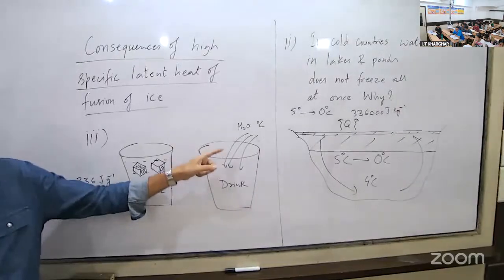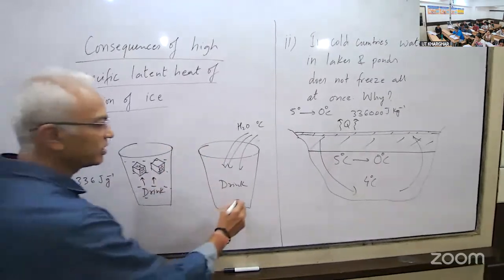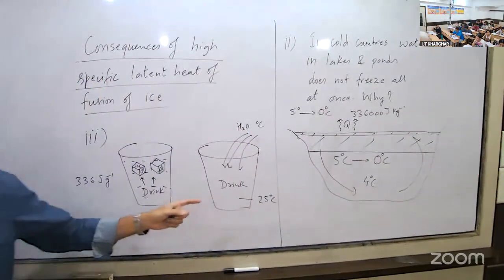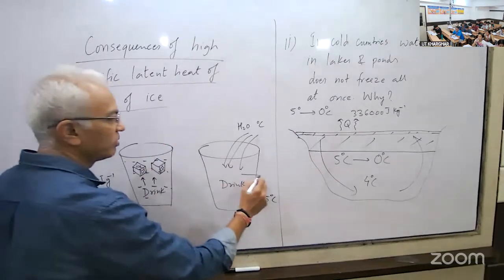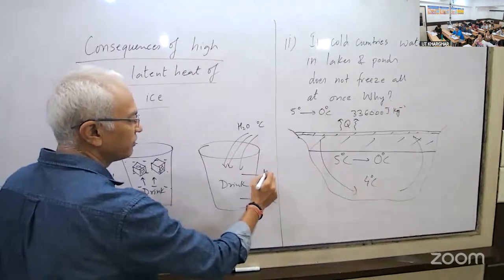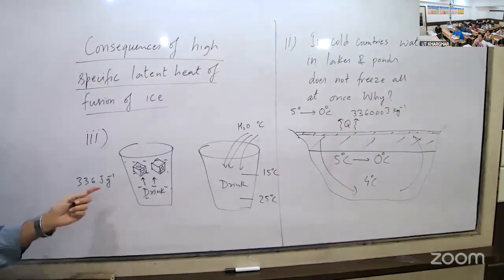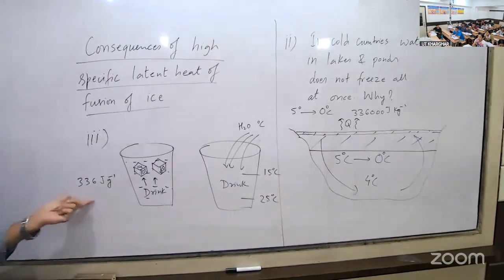Now the 0 degree water absorbs heat and its temperature rises. Let us say the drink was at 25 degrees Celsius. You have added water at 0 degrees. When it absorbs heat, the temperature will be somewhere around 15 degrees Celsius. Whereas the ice case will be at a much lower temperature than 15 degrees, because it is absorbing more heat.